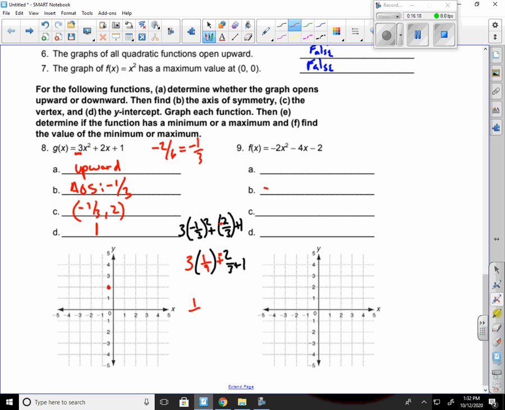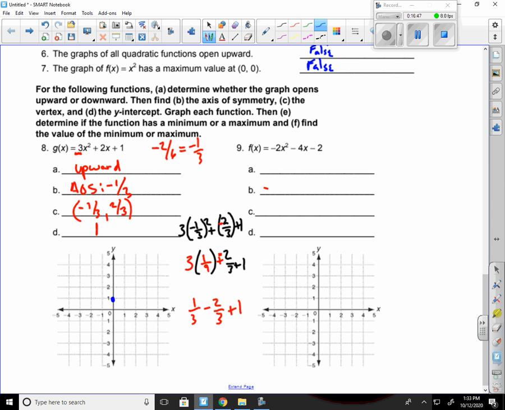So this is 1/3 minus 2/3 plus 1. 1/3 minus 2/3 is negative 1/3, plus 1 gives me 2/3. So my y for the vertex is just 2/3, not 2.